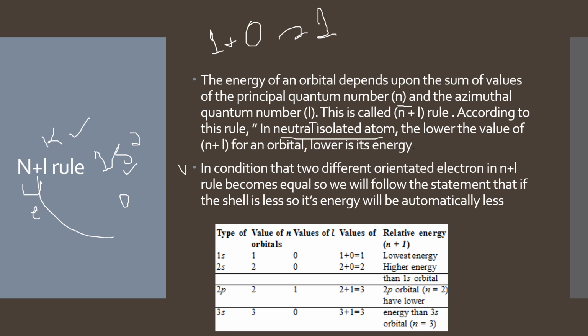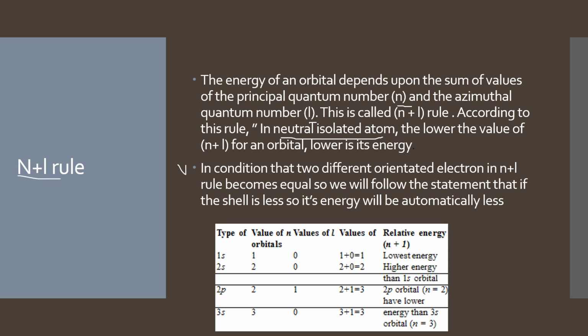Now there is a condition given. When the sum of n plus l for two different orbitals is the same, we look at the number of the shell. When it is in the K shell the energy would be lesser, and when it is in the L shell the energy would be more.